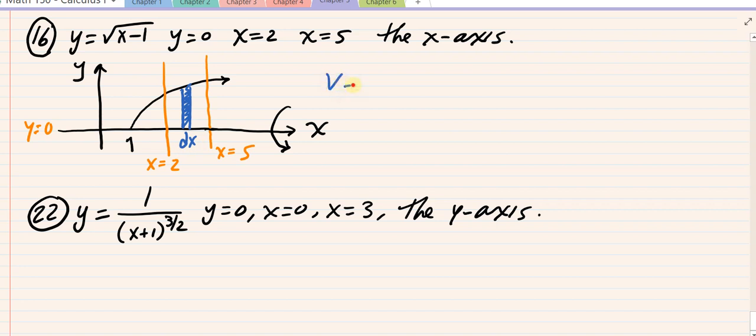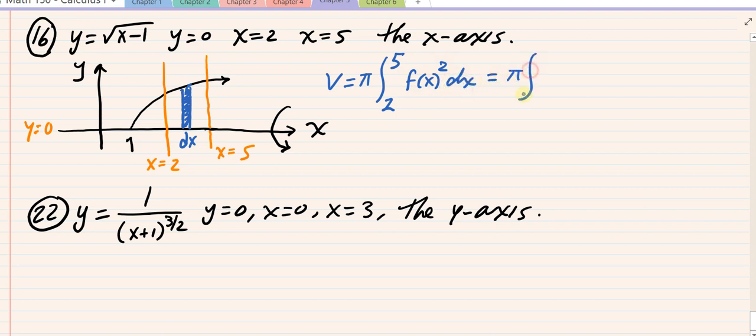Okay, so the volume is going to be equal to pi. The limits of integration, clearly the disks can start at 2 and they end at 5, right? They have to be inside that bounded region. So limits 2 to 5 of. Now for this one, because we have dx, we're going to have f of x squared dx, and f of x is root x minus 1.